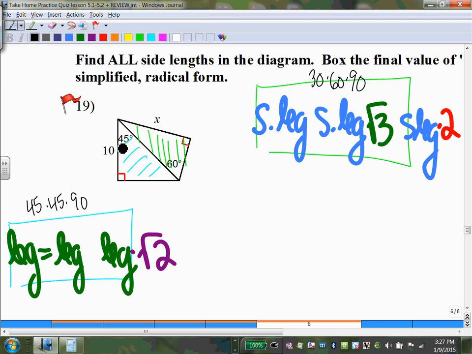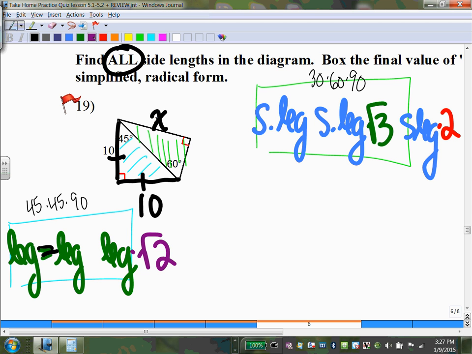Okay, take a look here. Let's look at what we have here. This 10 is a leg. So remember, the legs are equal. That's what's being said here. So if this is 10, that's 10 down there. Notice it says find all side lengths. You're not just getting the X there.